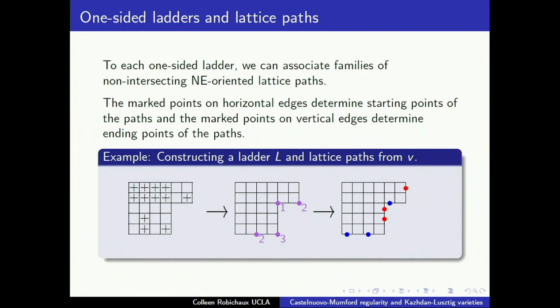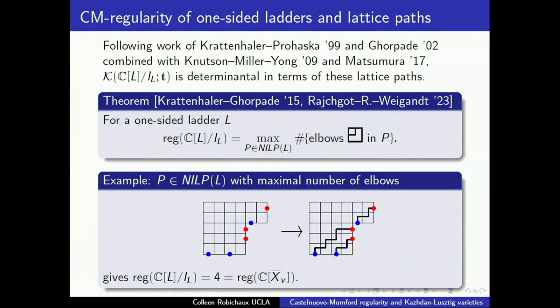And so it's a fairly straightforward algorithm to label these start and end points. And so what we do is look at all of the lattice paths that are non-intersecting, where I'm connecting my starting points to ending points.